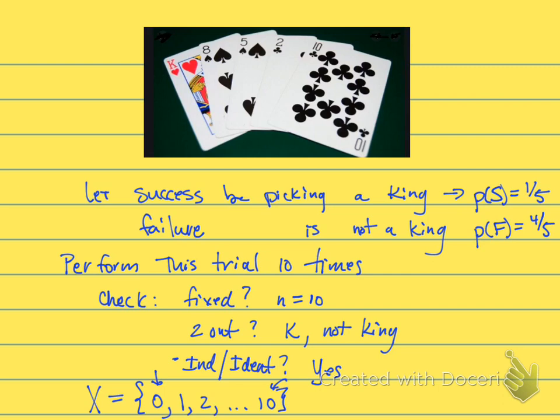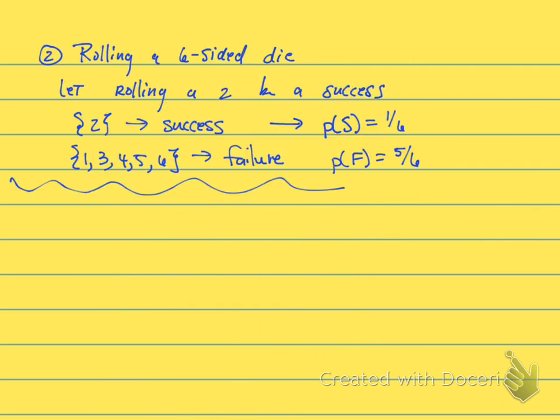All right, let's now see if we can construct the PMF. Okay, so let's start with, well, let's come back here and rewrite this here. So 0, 1, 2, up to 10. So let's consider the probability x equals 0. So remember what that means. That means no king. Which means if I were to write out my sequence here, 1, 2, 3, 4, 5, 6, 7, 8, 9, 10, all of those should be not a king.